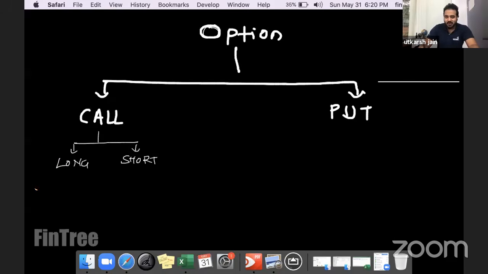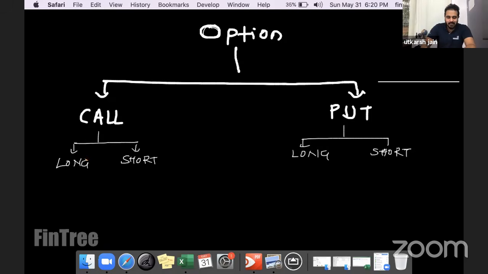So either you're on the long side or you're on the short side. Same story here with puts. So technically, if you're trading on options, hedging on options, or speculating on options, you're either on the long call, short call, long put, or short put. So four possible positions that you can build.